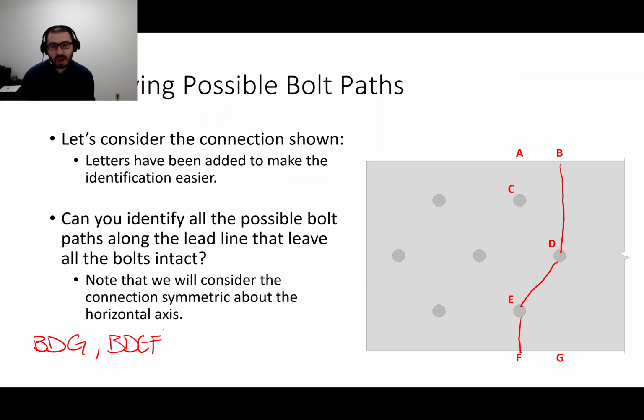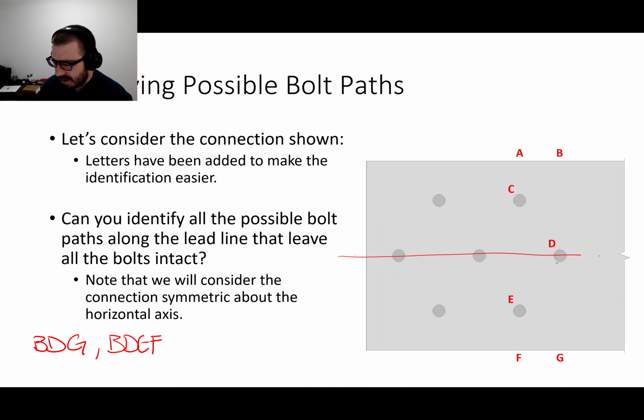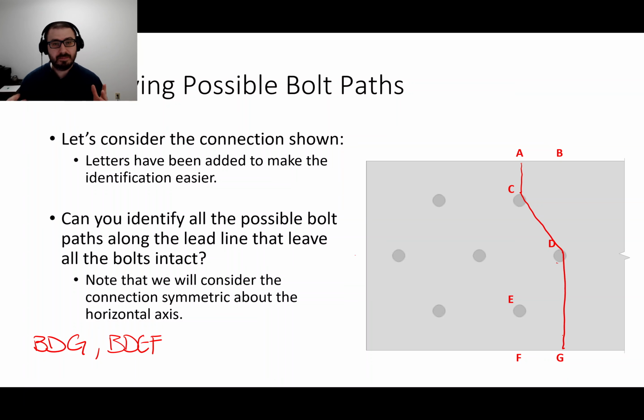Now, another option, and I'm going to assume for the sake of discussion that this plate is entirely symmetric. Imagine folding the plate right along that line, and I get the same connection on either side. So if B, D, E, F is a potential failure path, then so is A, C, D, G. Again, perpendicular lines except between bolts.